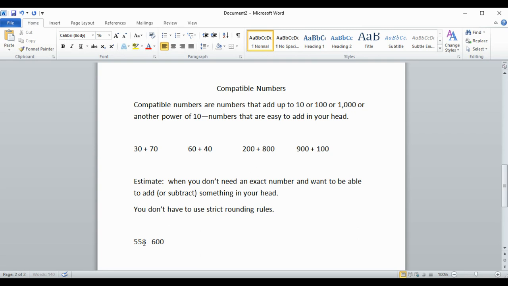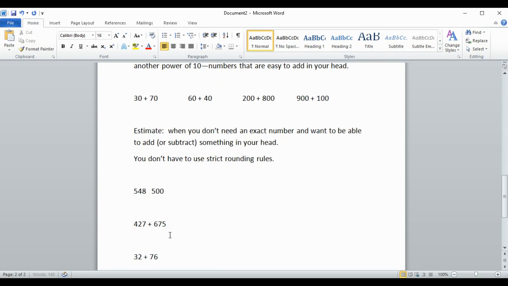We're saying that 558 rounds to 600. Those are strict rounding rules. If this number was 4, then you would say, if I'm rounding to this hundreds place, I look next door, that's a 4, so I keep the 5 the same, and it rounds to 500.